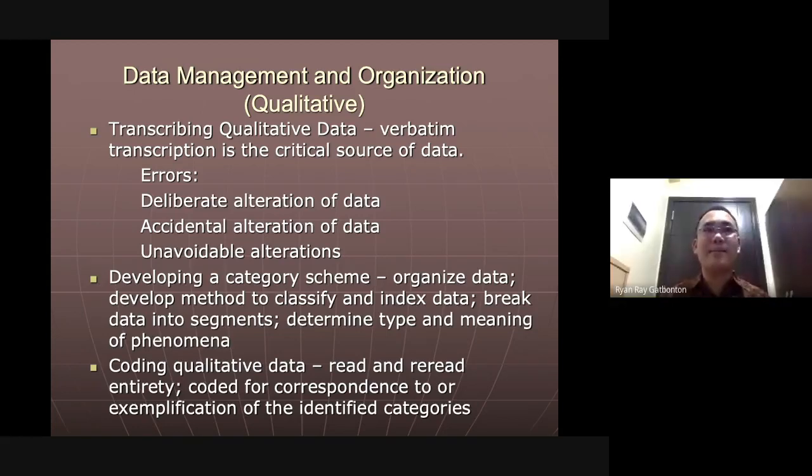It's actually an index of the common concepts that recur inside your qualitative data. For example, one of your respondents says "siya ay nagugutom" and the other respondent says "hindi pa ako nakakakain."